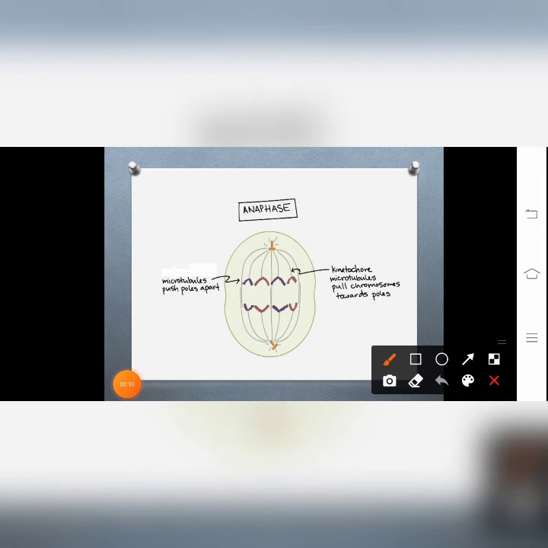So in this diagram, these are the two centrioles with their aster rays and the spindle fibers. This is the continuous spindle fiber and this is the chromosomal spindle fiber, right? Which has pulled the chromosomes apart. Because of that, splitting of chromosomes has taken place and the chromosomes have separated.